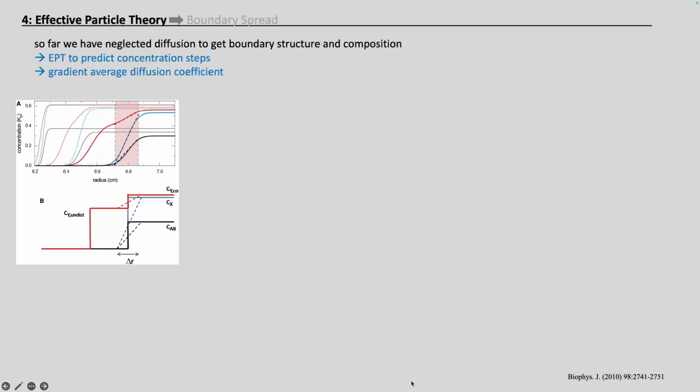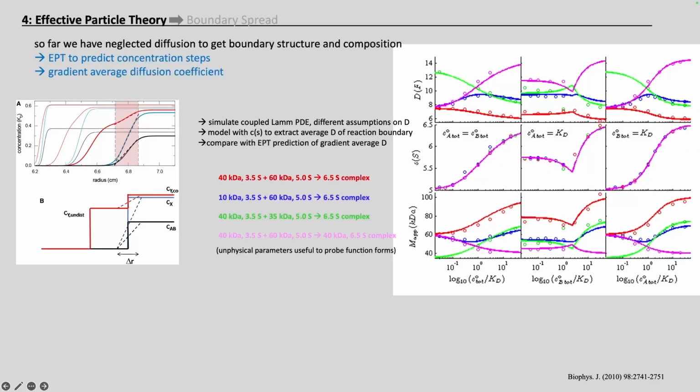And to test this, we can simulate full Lamm equation solutions of our interacting system, as always add some random noise to mimic experimental data, and then we model this with a c(S) distribution to extract a single empirical diffusion coefficient for each peak. And then we compare this with a prediction from effective particle theory for the simulated conditions.